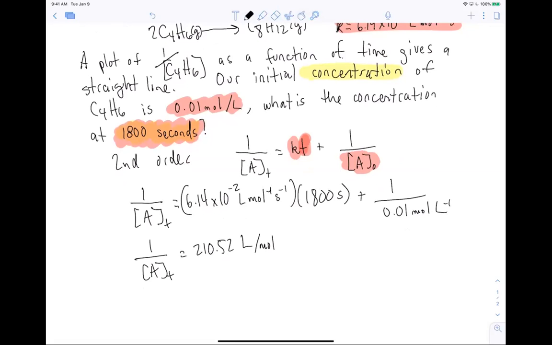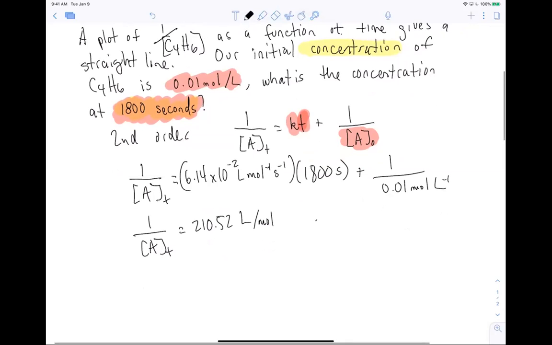And so we see that A sub t is going to be equal to 0.004 7 5 moles per liter. I'm bad about significant digits.